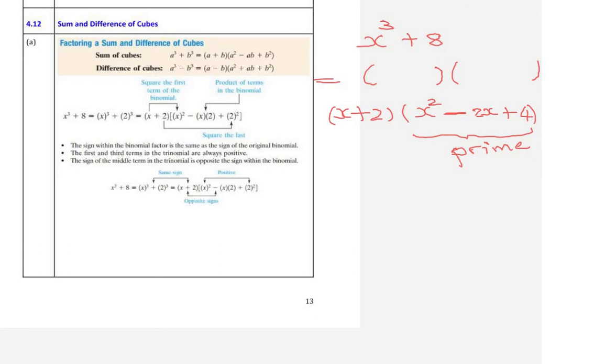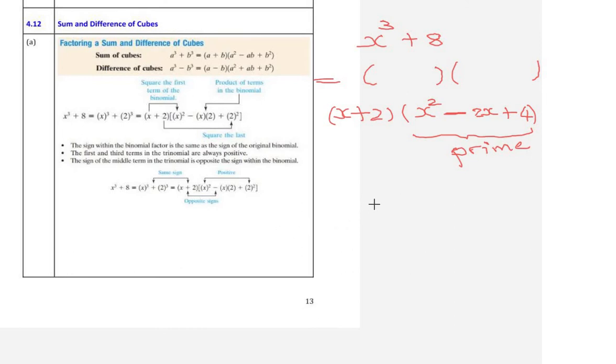It is a prime polynomial. It doesn't have factors in the real numbers or in the rational numbers. So that's where you're going to stop. Be very, very careful, because people go on later on, they forget, they don't know their work, and they factorize this prime polynomial or trinomial and get into trouble.